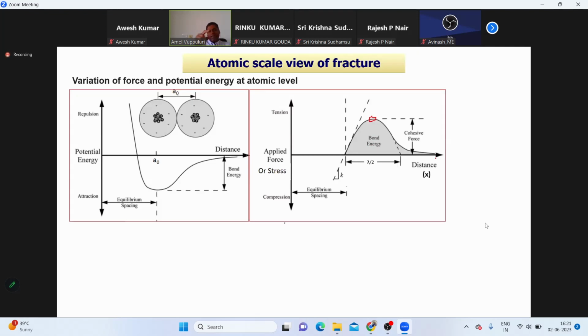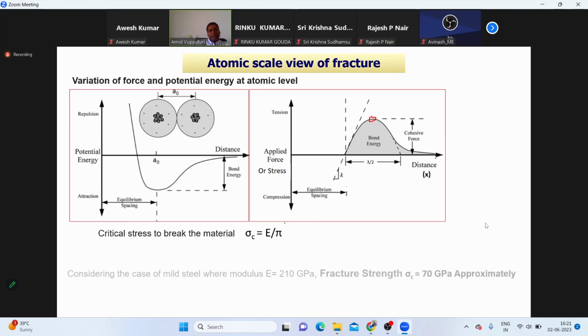This kind of behavior was considered to compute the critical stress for a material to start fracturing. I will not go into the mathematics, but it is observed that the critical stress from these atomistic models is sigma c equal to the modulus of elasticity E over pi.